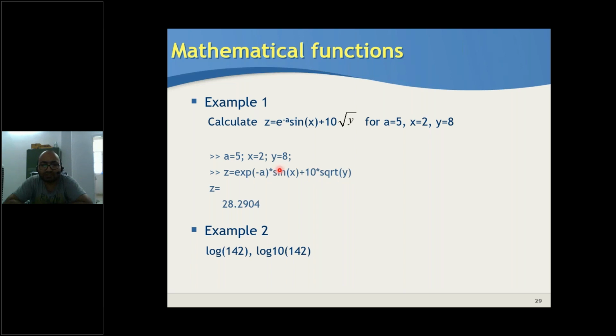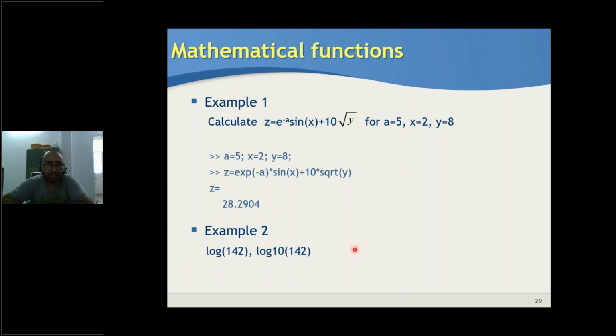If you skip these signs, then you will get an error in the command window. So you have to add these multiplication operators in between these functions. So you have to be careful. After that, when we enter it, then we will get this particular output. As you can see, we have not used semicolon here. That is why we are getting output at the command window.